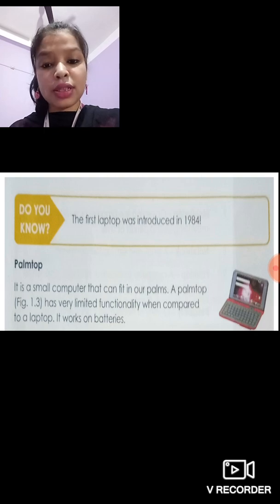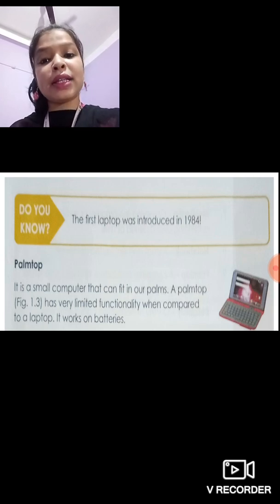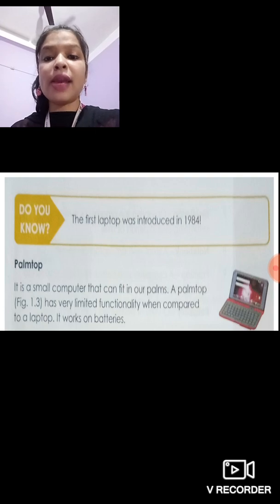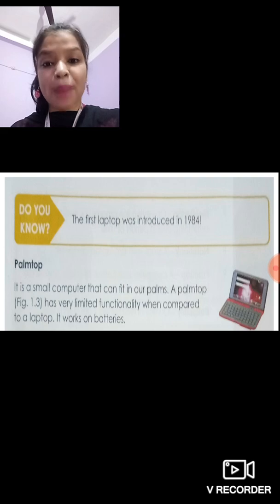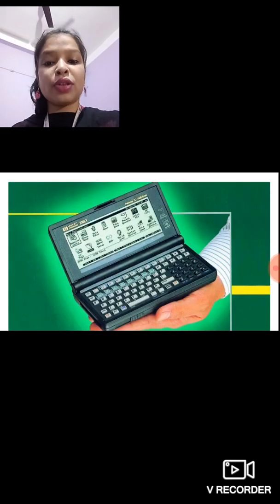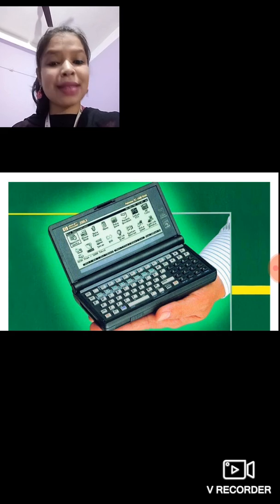Have you understood what a palm top is? A palm top can easily fit on our palms, it has very limited functionality compared to a laptop, and it works on batteries. See, the man is holding the palm top in his hand.